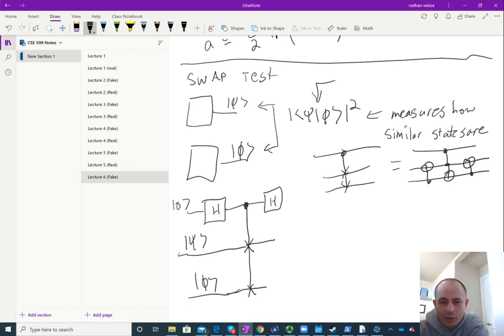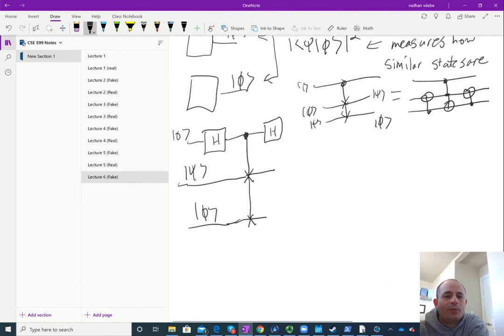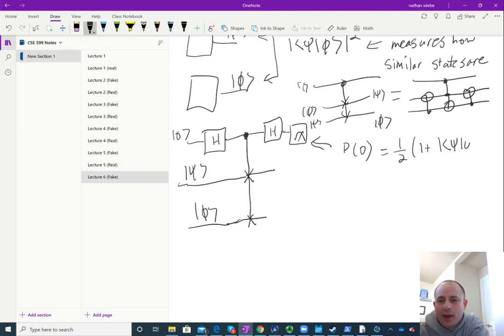Okay, and what it does is it really just swaps this. So if we've got a state psi or phi over here, and this is 1, we'll end up getting psi up here and phi down there. All right, great. So my claim is when we do this and measure the top qubit, the probability of measuring this qubit to be 0 is equal to 1/2 of 1 plus the absolute value of <psi|phi> squared.